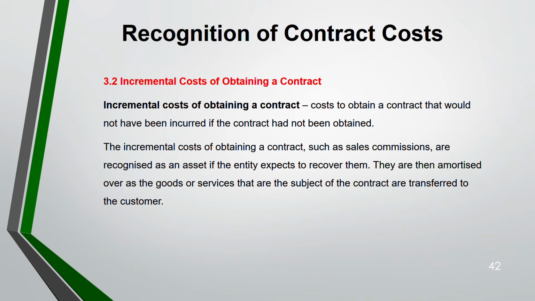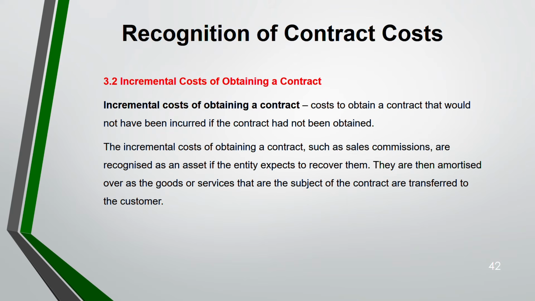So incremental cost of obtaining a contract, like sales commission, are recognized as an asset if the entity expects to recover them. Okay, remember, if the entity expects to recover them, they are recognized as an asset, the contract cost. Because they are an asset, they must be depreciated or amortized. They are intangible. That's why you amortize them.